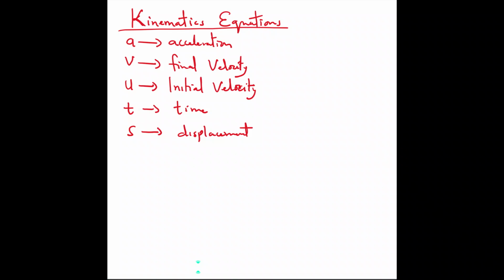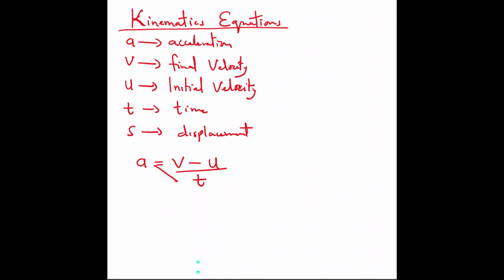Acceleration is change in velocity over time, right? So we have A, which is final velocity minus initial velocity over time. So that's A equals V minus U over T. This is the formula for acceleration.